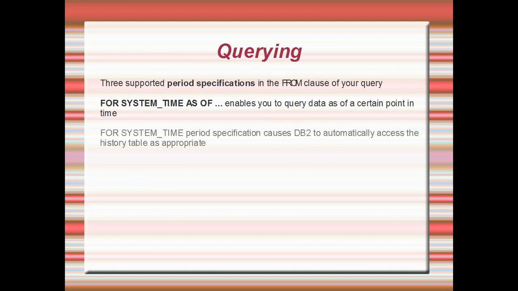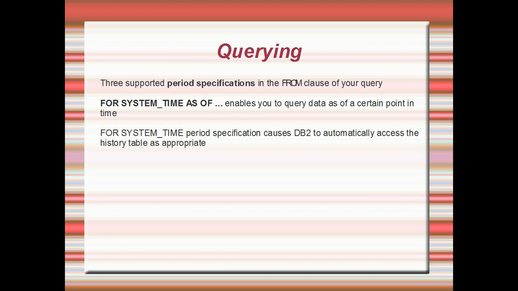As I am saying, we can query our data in past, present and future. For time travel queries, for querying such type of data, IBM has introduced a few clauses, which are also known as period specifications.